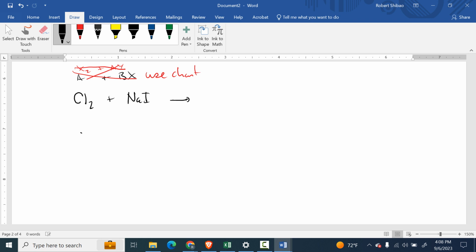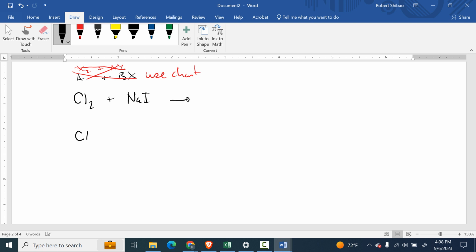If we use the chart method, the first step is to inventory. So do we ionize chlorine or just leave it alone? Leave it alone. We leave it because we only break up the strong acids. Is chlorine a strong acid? No. Is it a strong base? No. Is it a soluble salt?